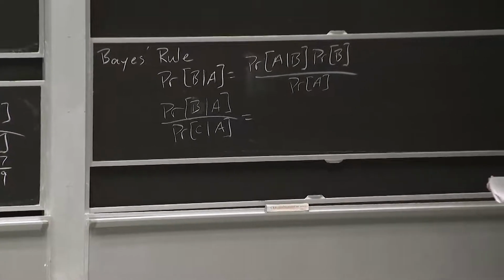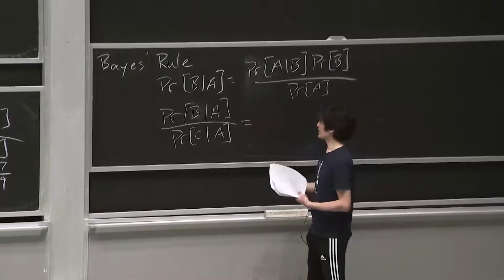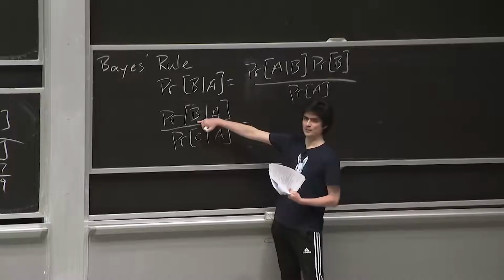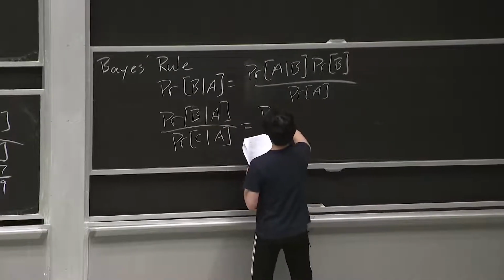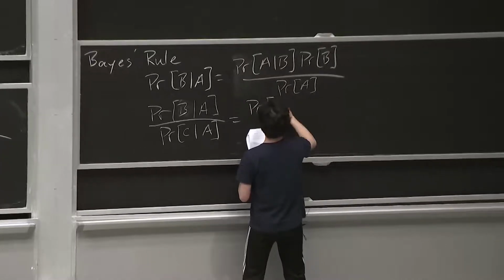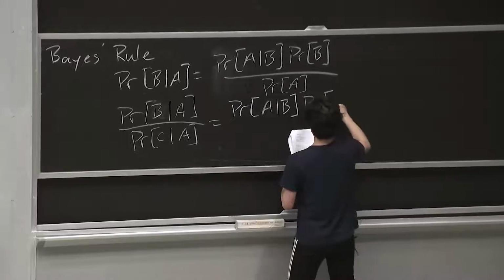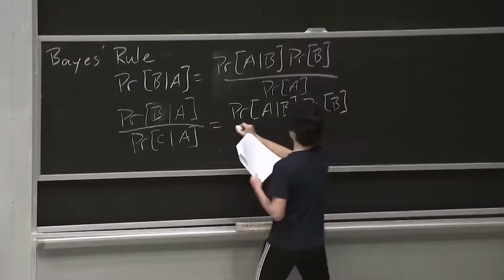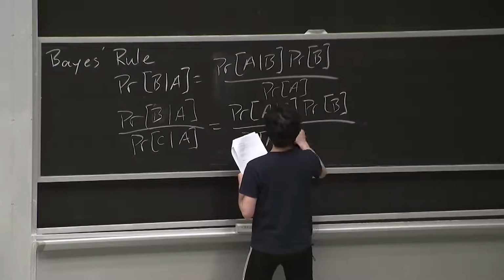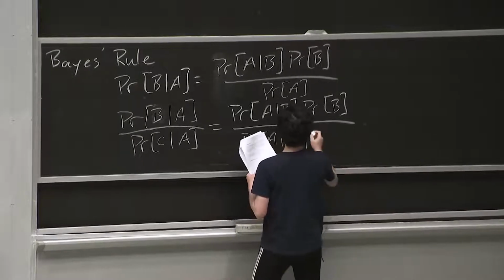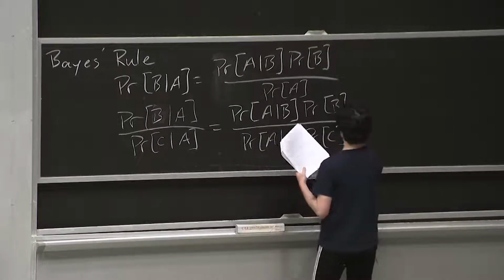And in particular, often we would take C to be the complement of B or something like that, and that will then help us to compute this probability of B given A. Okay? So as it turns out, this is going to be the probability of A given B times the probability of B, divided by the probability of A given C times the probability of C.